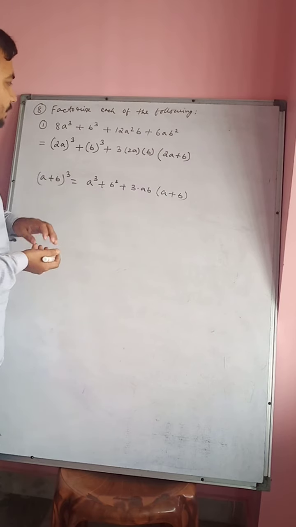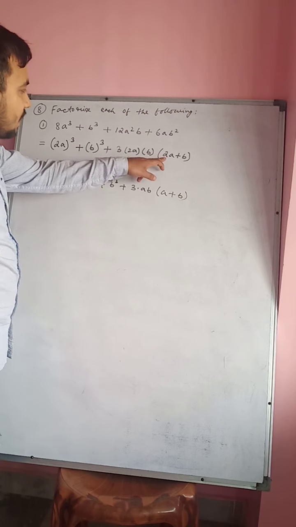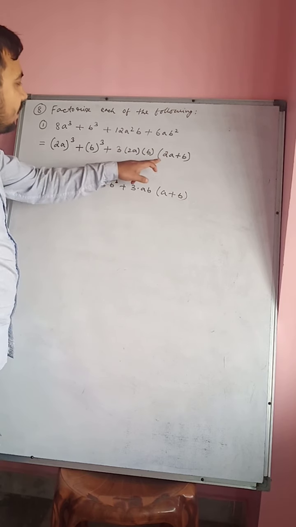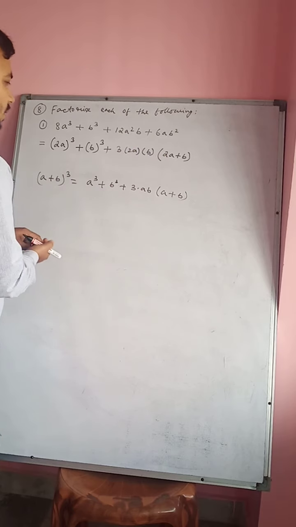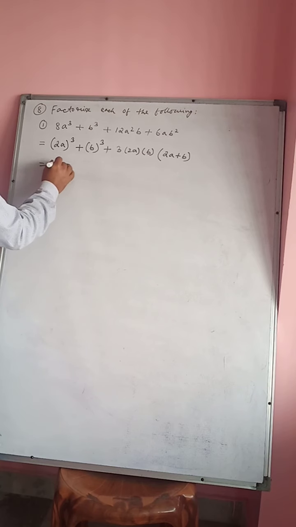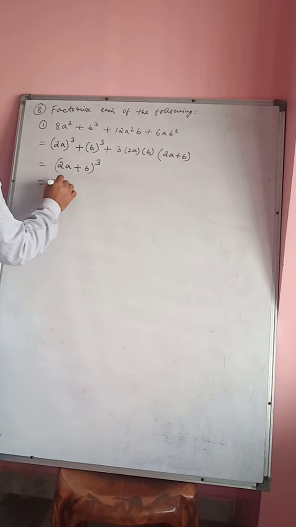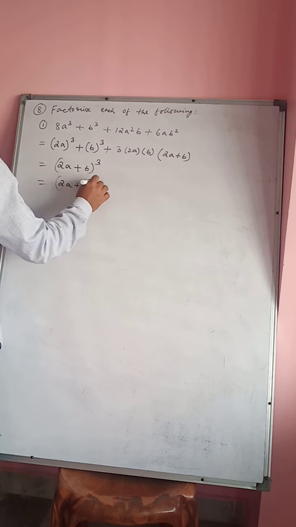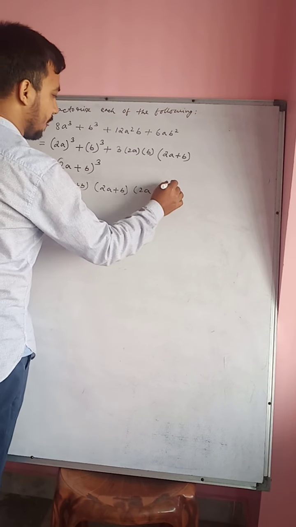Now you check, 3 2s are 6, 6 2s are 12, you will get 12a square b, and 3 2s are 6, ab square. So what will be the short form of this? This can be written as 2a plus b whole cube, which is equal to 2a plus b, 2a plus b and 2a plus b.